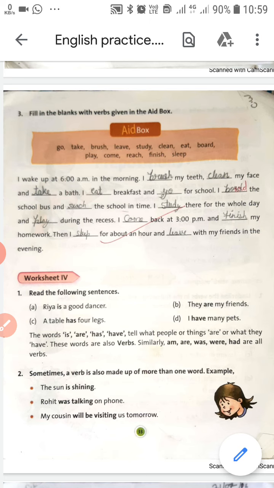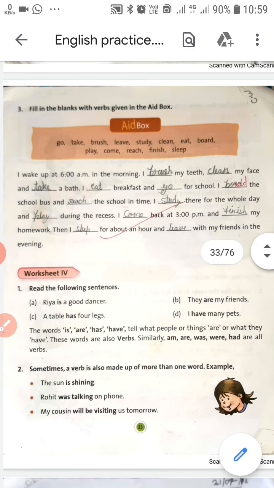And when we talk about the second person, that is you, our verb must also be in its original form. That means we should not add s, es or anything to the verb. That is only with first person and second person.